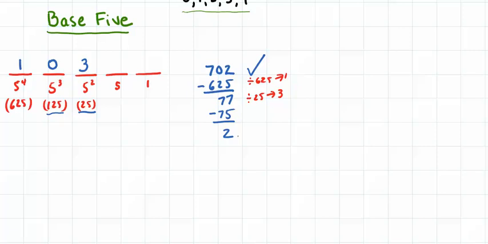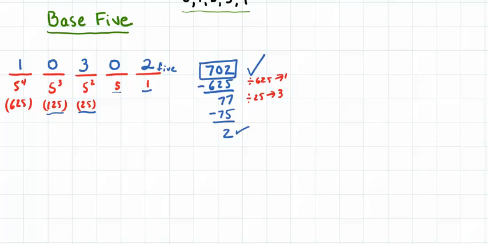So I know that I don't need any 5s because I've only got 2 left over. So I'll fill that in with a 0. And then finally, I need to consider the last two, so this last place would be a 2. So the number 702 written in base 5 would be 10302 base 5, and I should probably put the label here.